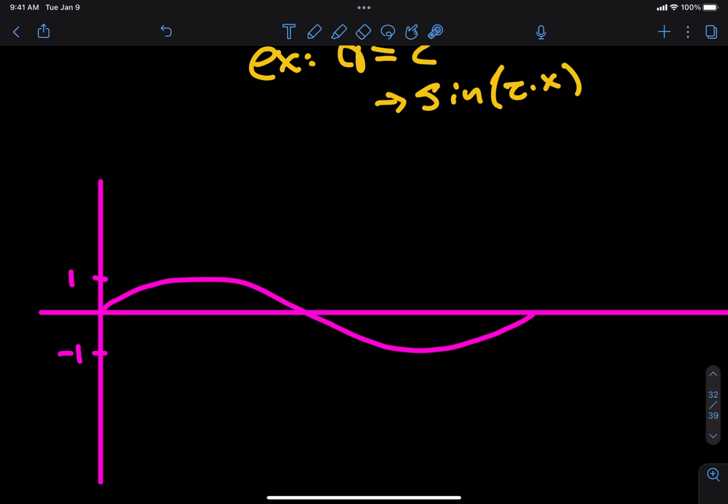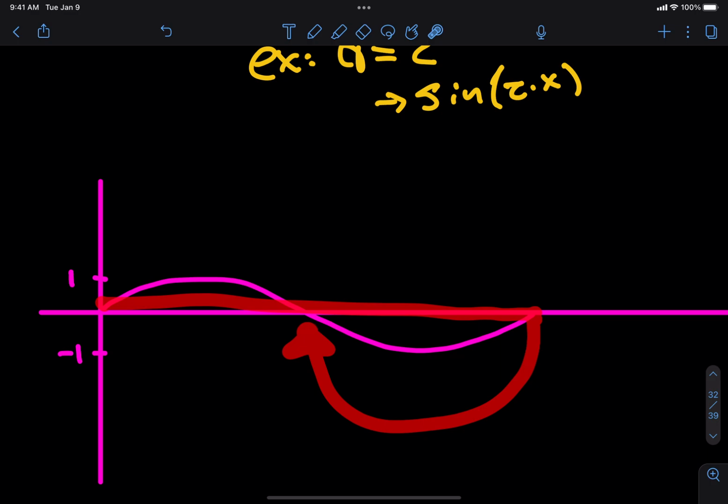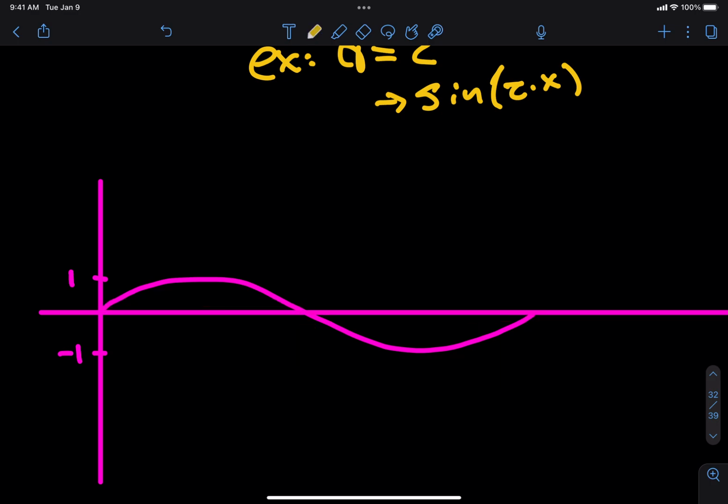Okay, so I'm going to take everything and I'm going to shrink it by a factor of 2, right? So what's going to happen is I'm going to pass through the x-axis here, and then I'm actually going to finish the whole curve right here, right? This point's going to go back to here because that's halfway back. This point is going to go back to here because that's halfway back.